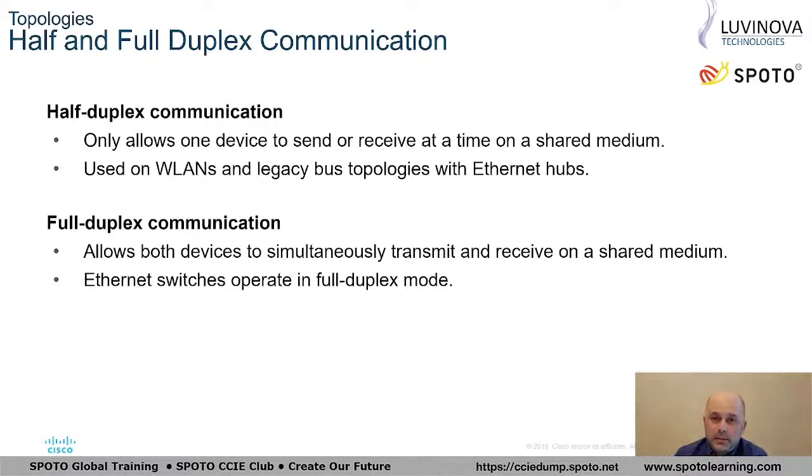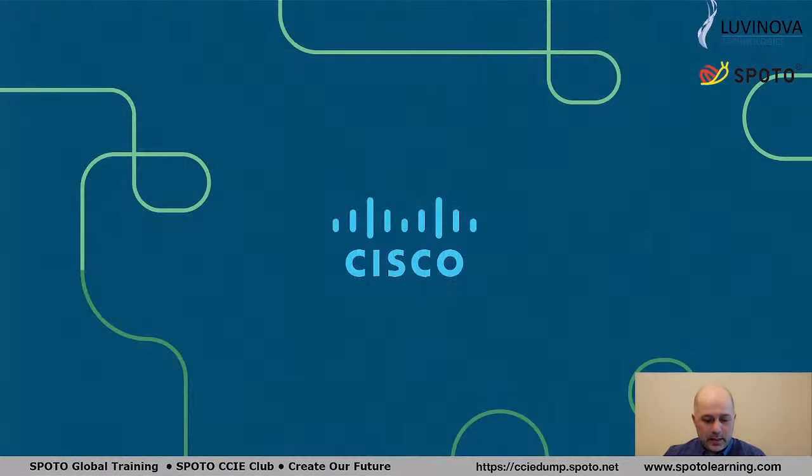Full duplex allows both devices to simultaneously transmit and receive on the shared medium. Ethernet switches operate in full duplex mode. They are sending and receiving the data. That means full duplex. That is for this section, which I already mentioned at the beginning.